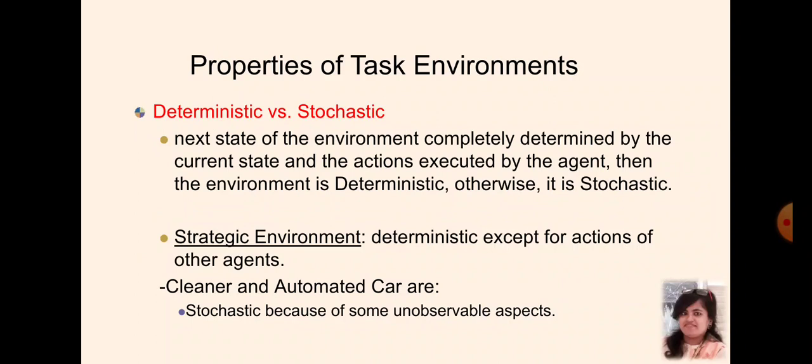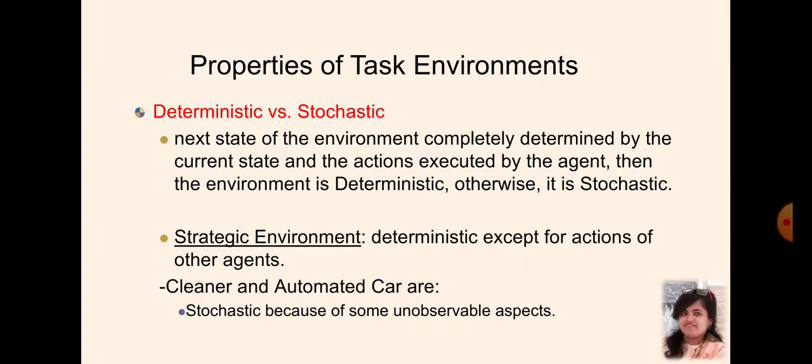Now the environment can be strategic, that is deterministic except for the actions of other agents. The examples of stochastic environments are the vacuum cleaner and the automated car. These agents are performing in a stochastic environment, because there are some unobservable aspects. Why?